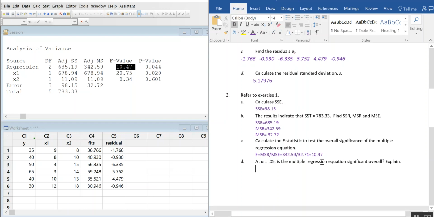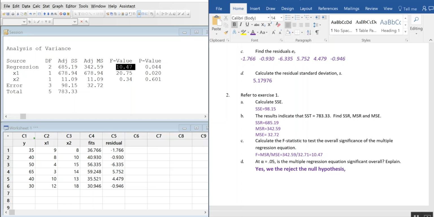Anyway, so clearly, small p-value. It's close to 5%, so I can see where you might not reject, but I'm going to go ahead and reject this. So, yes, we reject the null hypothesis at the 5% level.